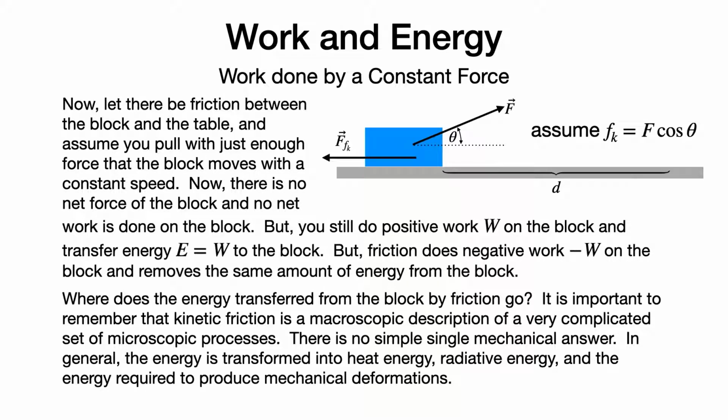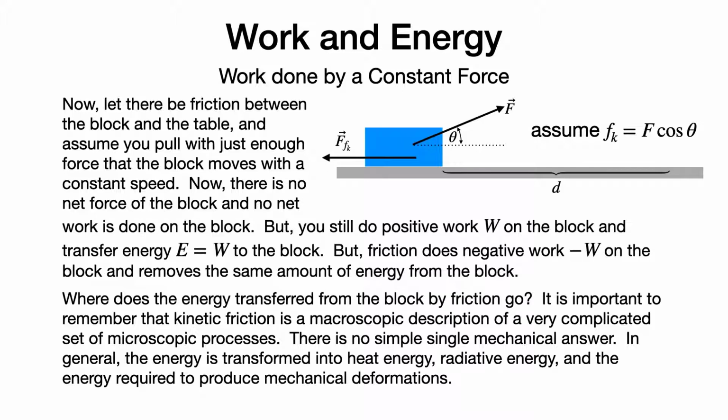Now, let there be a friction force between the block and the table, and assume you pull with just enough force that the block moves with a constant speed. Now, there is no net force on the block and no net work is done on the block. But you still do positive work on the block and transfer an amount of energy E equal to that amount of work to the block. But friction does negative work on the block and removes the same amount of energy from the block.